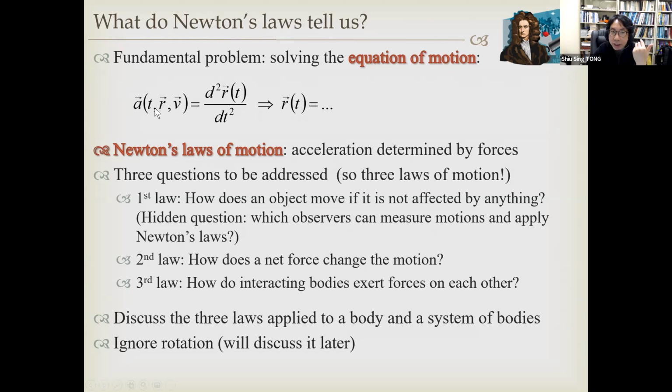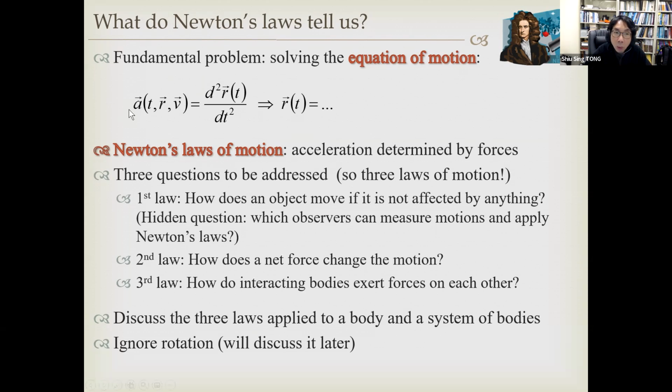We are given an acceleration as a function of time, maybe the position of the object and even the velocity of the object. And the acceleration is given by the second time derivative of the position vector, right? If you know the functional form of A, and A is equal to d squared r dt squared, that is the equation of motion, you need to solve for r. That is the fundamental problem of mechanics.